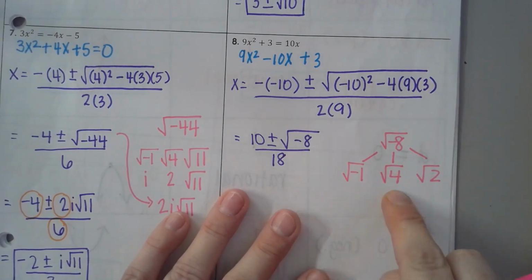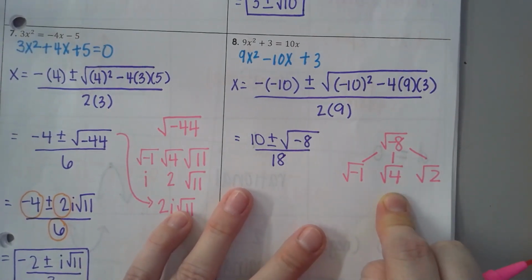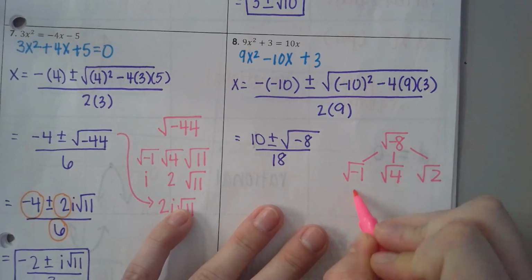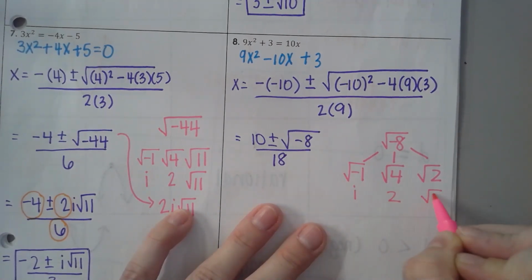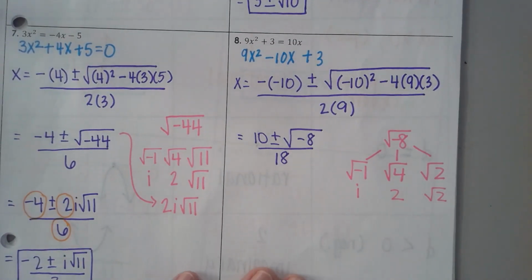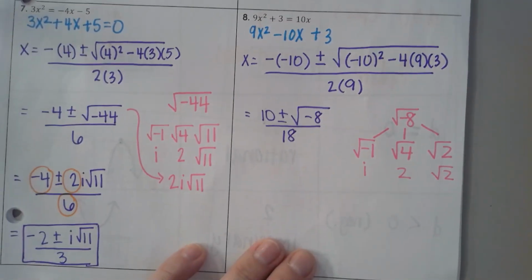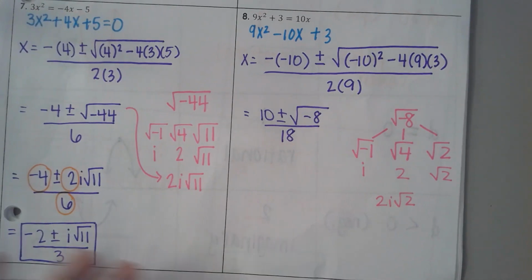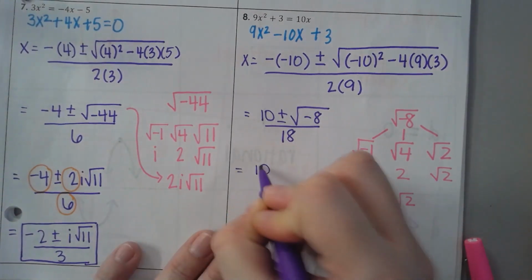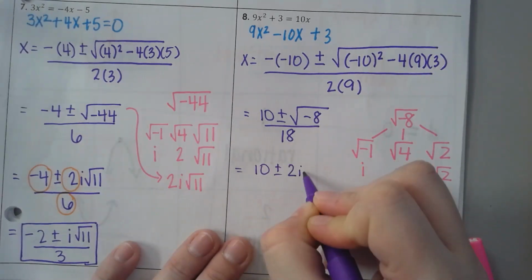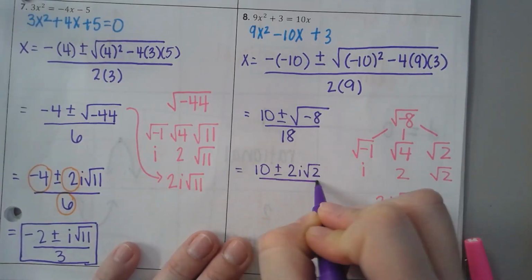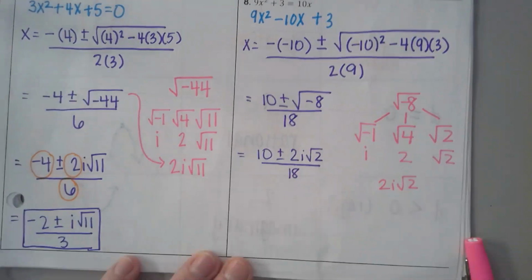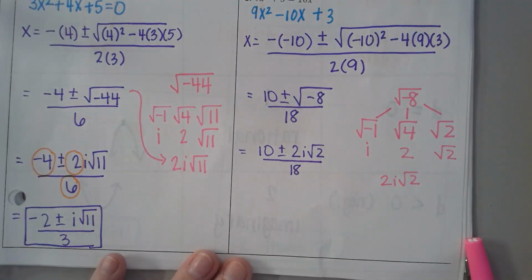The only perfect square that goes into 8 is 4. So this is i, 2 square root of 2. So when I put that together, 2i square root of 2. So you would have 10 plus or minus 2i square root of 2 over 18.